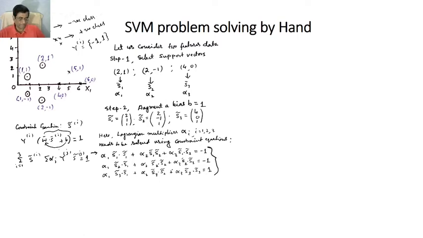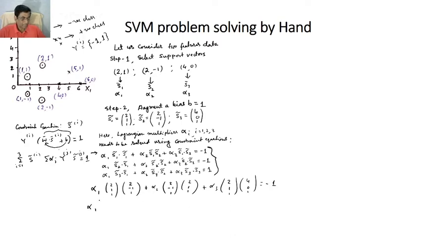These three simultaneous linear equations we have got, and then putting the values, we get alpha 1 (2, 1, 1) dot (2, -1, 1) plus alpha 2 (2, -1, 1) dot (2, 1, 1) plus alpha 3 (2, 1, 1) dot (4, 0, 1) equal to -1.